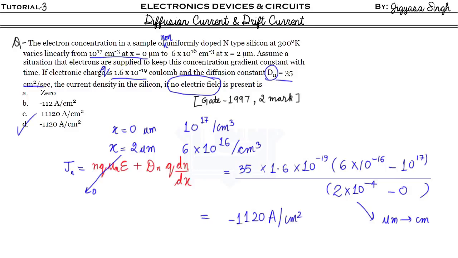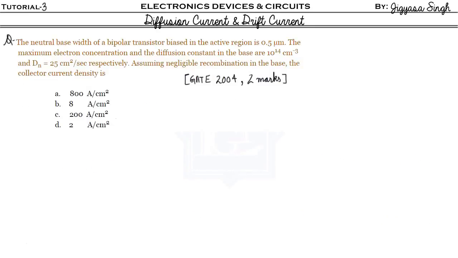Now let's move on to the next problem. This question was asked in 2004 for 2 marks. At a glance it looks like a BJT problem, but if you see here we have the diffusion constant. I told you it's a very important member of EDC.